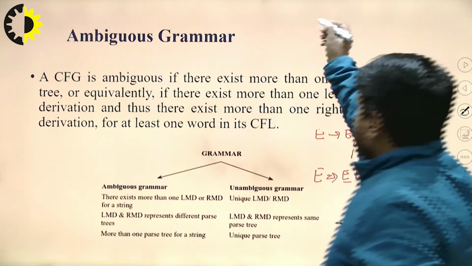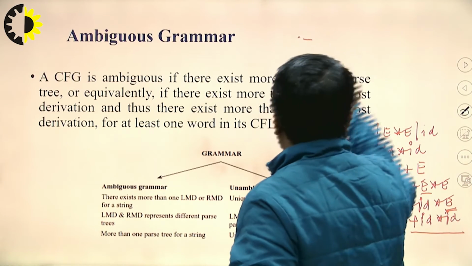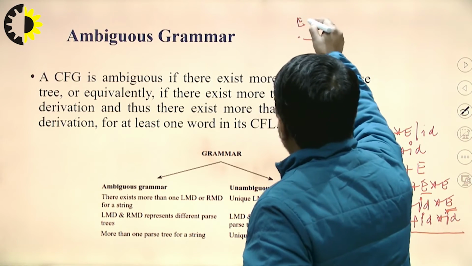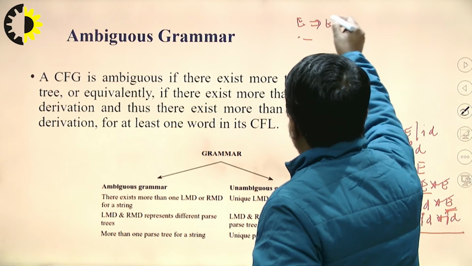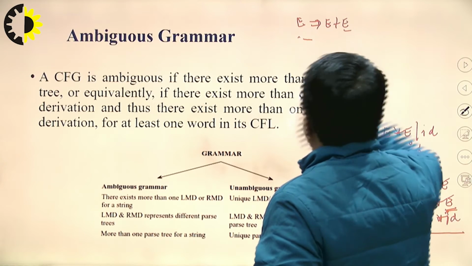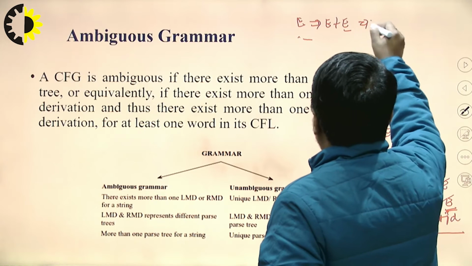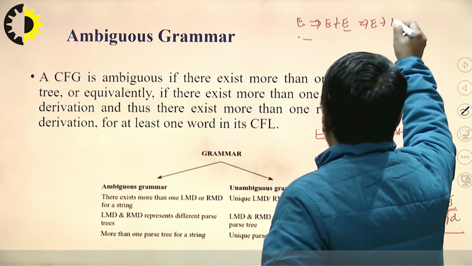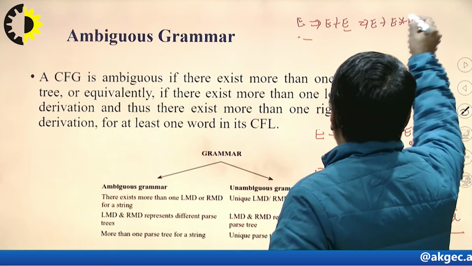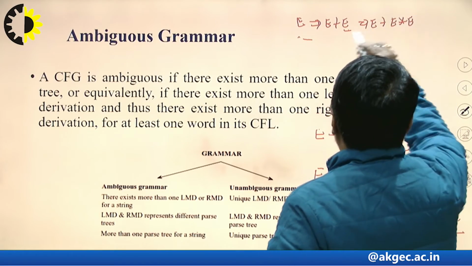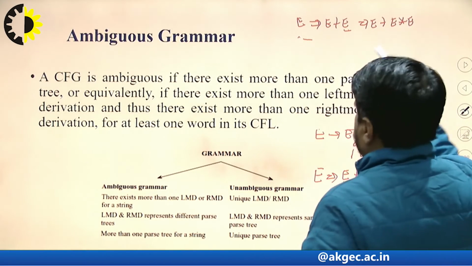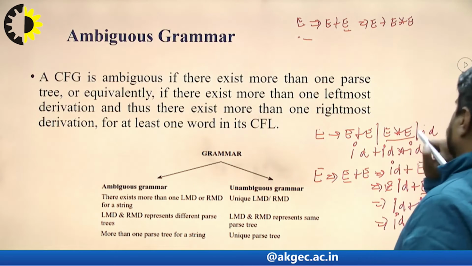If you think about the rightmost derivation, what you have to do? You will replace E derives E plus E. The rightmost symbol is this one. Now you will replace it by E plus E multiply E. This E gets replaced by E multiply E, because there is a production here corresponding to that.